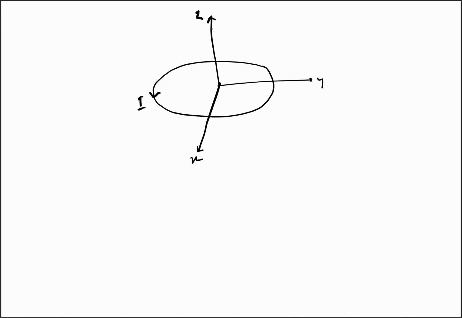So we need to find the field at this point (0, 0, z). Now let us take a small element dl' which is at φ. The radius is, let us say, b. So this is r, this is b ar, this is z az.